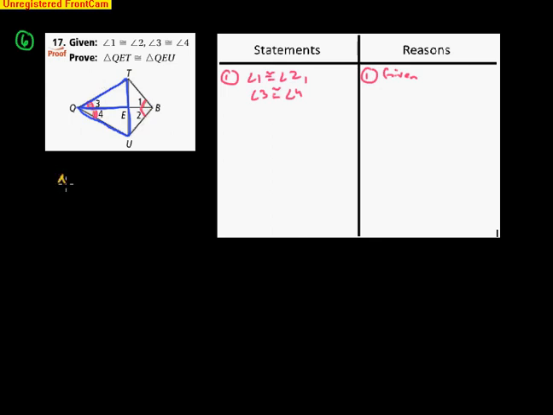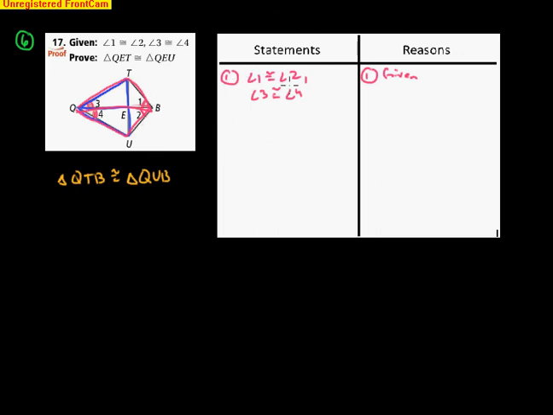So I believe the first triangles we need to prove congruent, and I'll do it in red, are going to be QTB and QUB. So I'm going to first prove that triangle QTB is congruent to triangle QUB. That's the first thing. So that's where I'm looking to go.